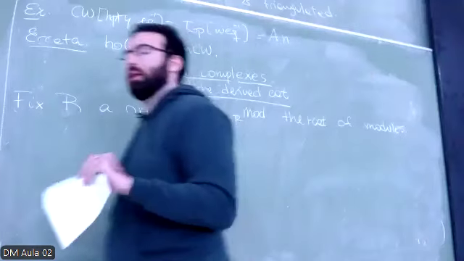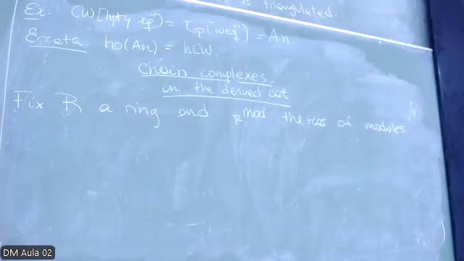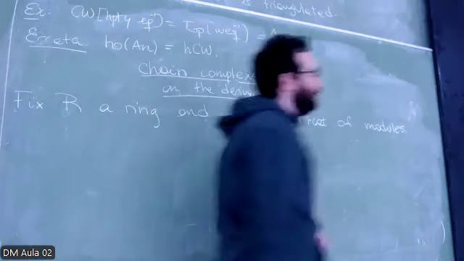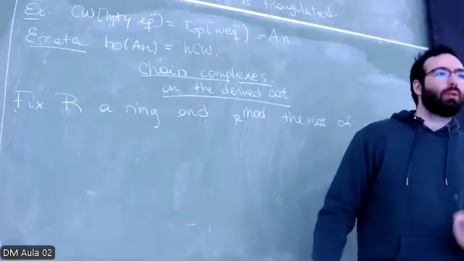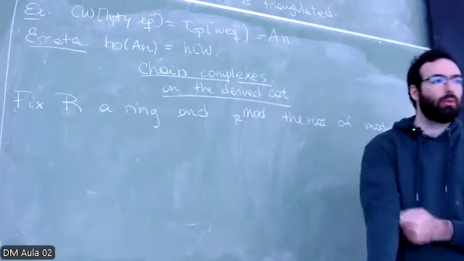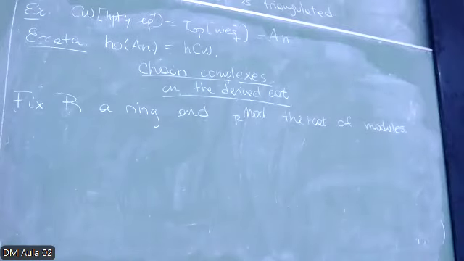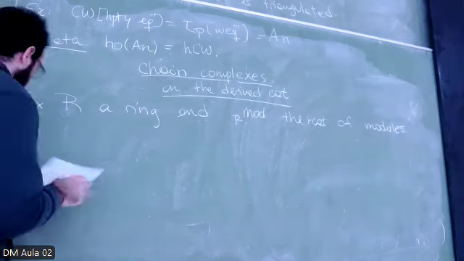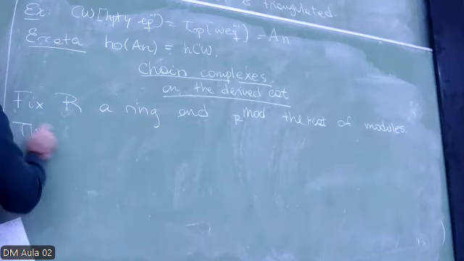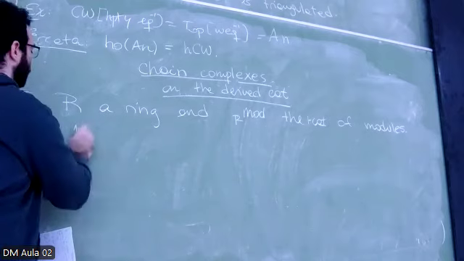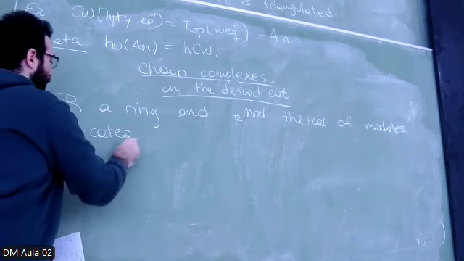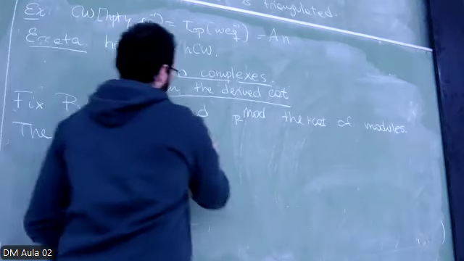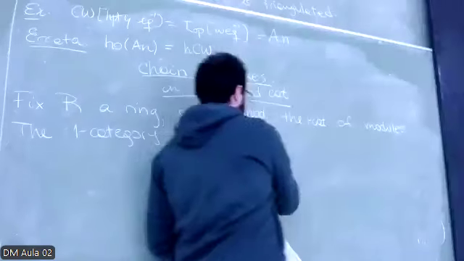And everything that I will do, if I'm not forgetting anything, you could replace R mod by any Grothendieck abelian category if you know what that means, but I don't want to spend time with the definition because we don't have too much time left. So we can stick to R mod for concreteness. Okay, so let me first recall or define a one category, which is the category of chain complexes.